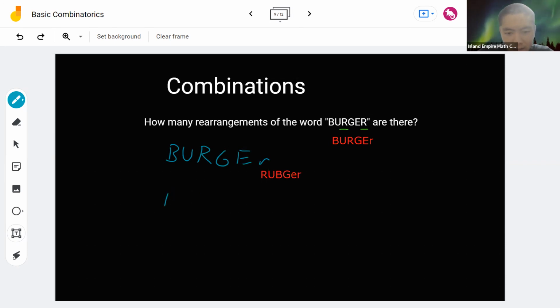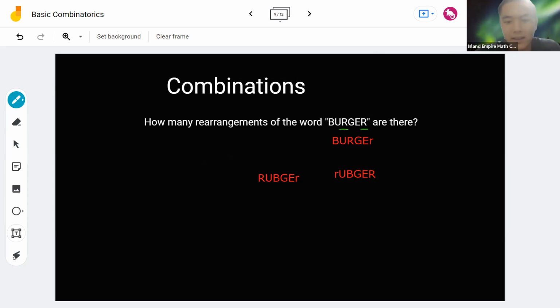But another rearrangement would be small r UBGE big R. Sorry, the other E should be capitalized. All right, so as I was saying, that one example will be RUBGER, while the other one is small r UBGER.